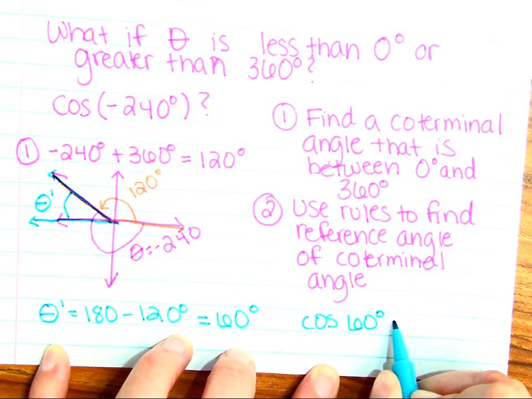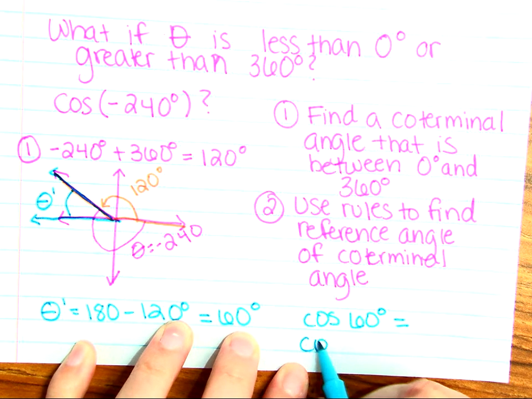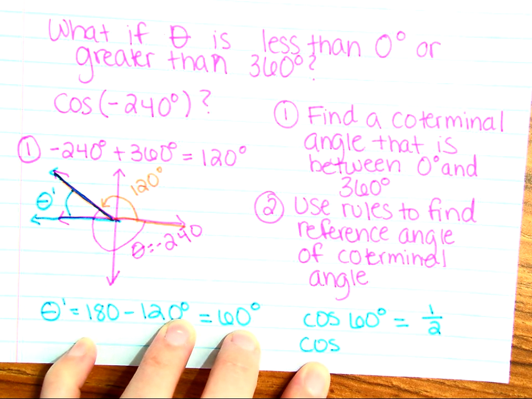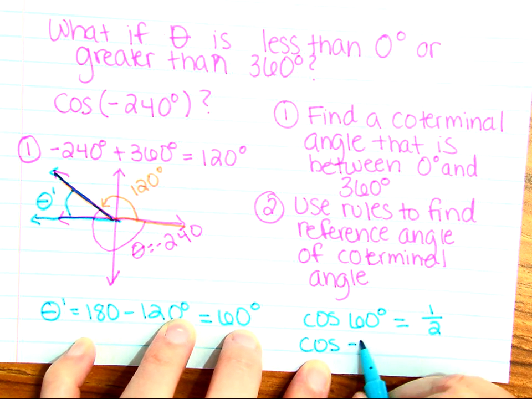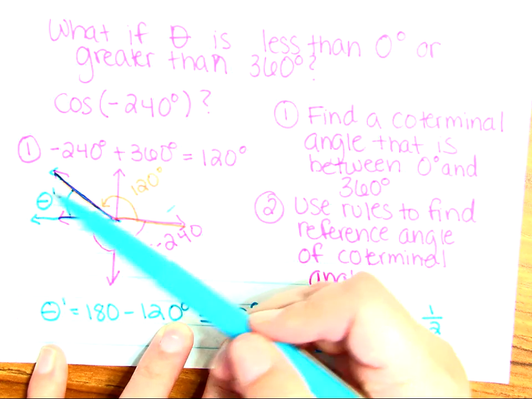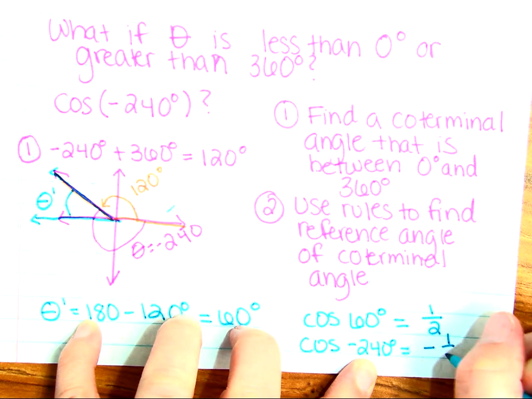However, I'm going to account for the fact that it is in quadrant 2, so all students. I know that the cosine of 60 is 1/2. However, the cosine of negative 240 degrees is not 1/2 because we're not 60 degrees over here. It's 60 degrees in here.